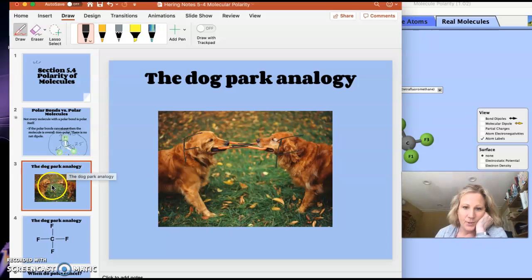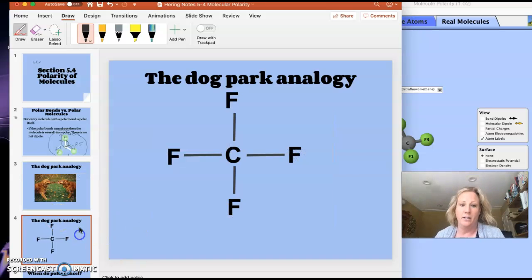What happens, though, is that when we have molecules that are not just two elements, that are not linear, for example this tetrahedron, we have all of these dipoles. We have the fluorine here pulling on these electrons, this fluorine pulling on the electrons from the carbon, and this one, and this one.